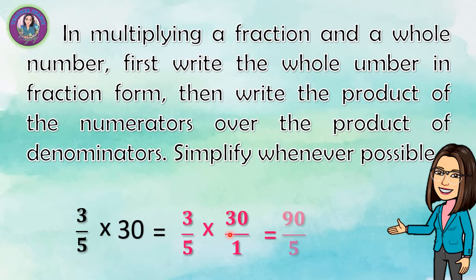That is 90 over 5, or 3 times 30 is 90 and 5 times 1 is 5. Then simplify. 90 over 5 is 18, or 3/5 of 30 is 18.